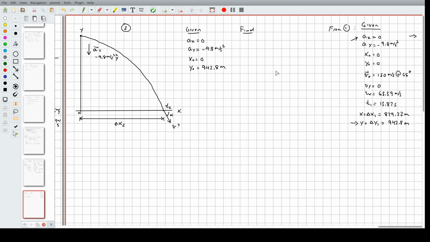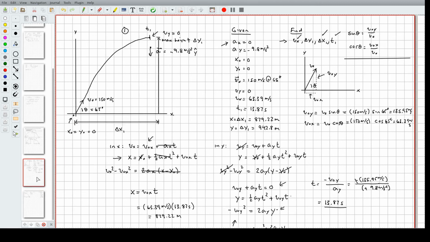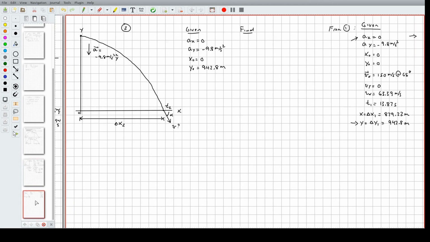Now, we also know from here that at the very top, our velocity in the y direction is equal to 0. And on this part, we're starting from the top right there, which means that our initial velocity in the y direction is equal to 0.